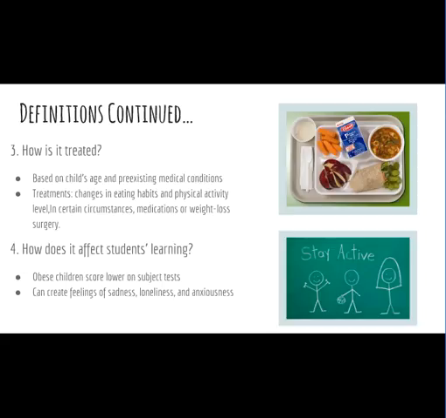Obesity and just rapid weight gain in children does take its toll. Obese children tend to score lower on subject tests. A study done by Sarah Gable followed children who entered kindergarten until the fifth grade, and they found that there was a difference in children who were obese and children who weren't as early on as the first grade with their test scores, and that this poor performance persisted through the fifth grade.